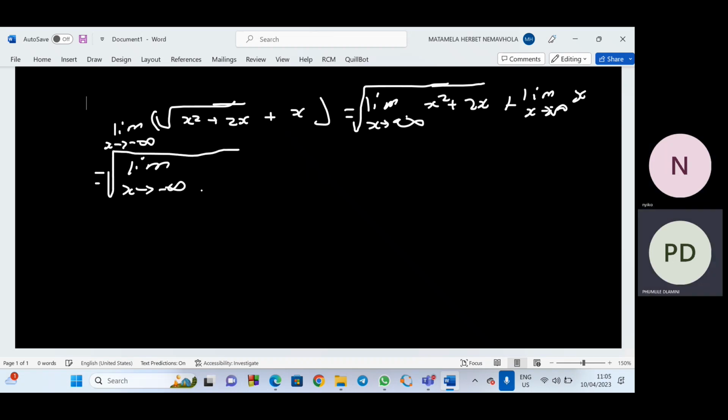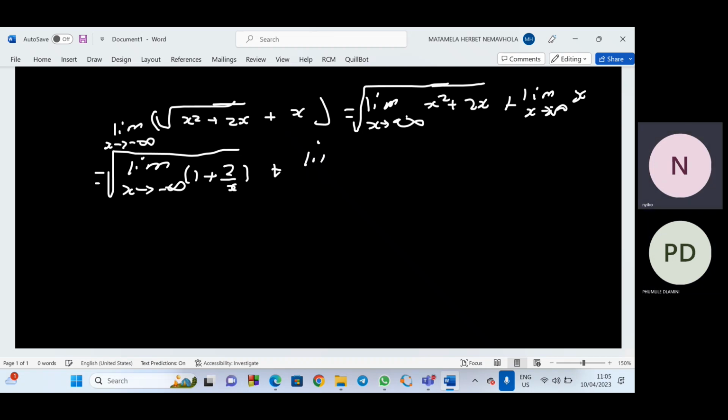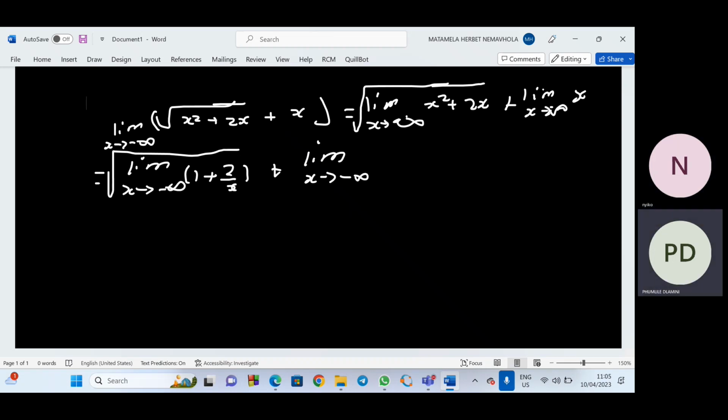When we divide by x squared, we get 1 plus 2 over x, in brackets, plus this one here, limit when x approaches negative infinity. We divide it by x, and when we divide by x, we get 1.